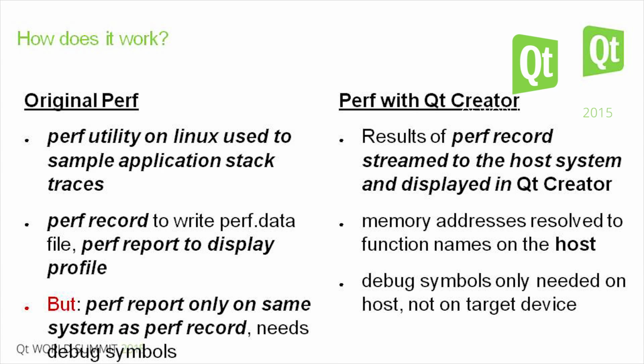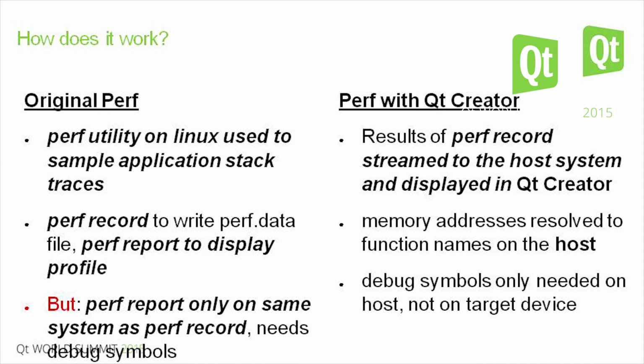That is, the text interface is not really approachable for the average user. It takes some time getting used to it. And it looks for the debug symbols and libraries the application uses in the exact same places as it found them when perf record was done.